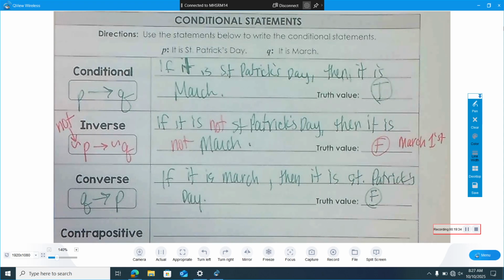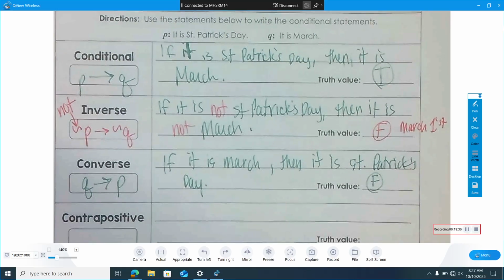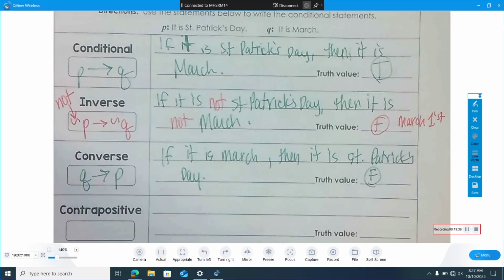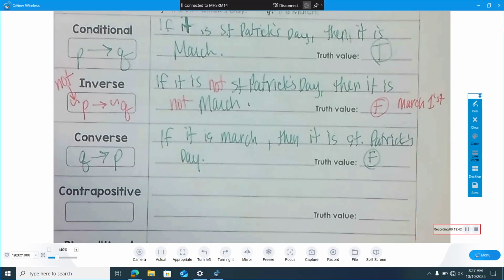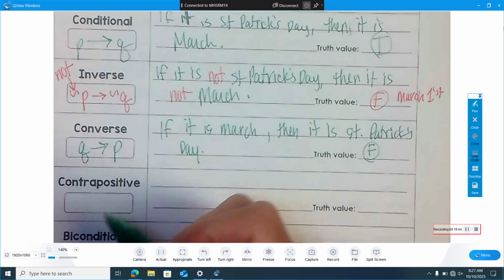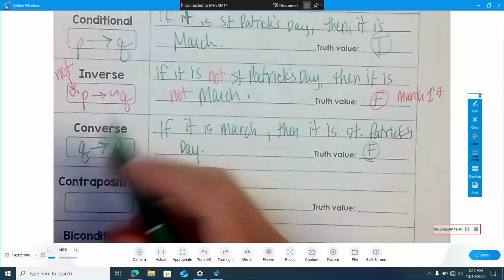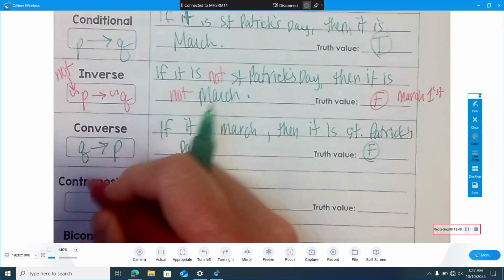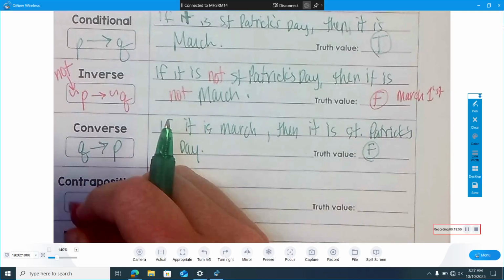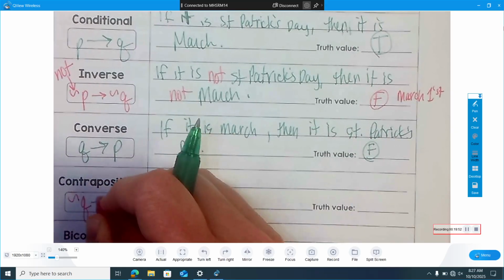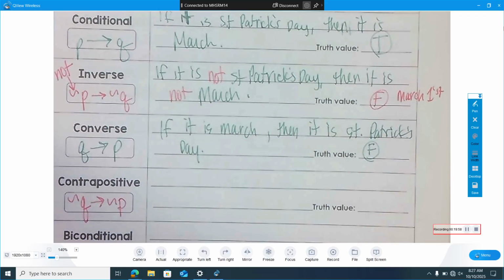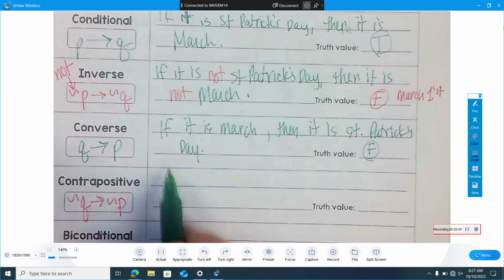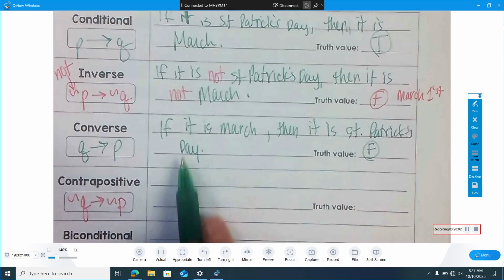All right, and then the contrapositive. What do we do for the contrapositive? Not Q and not P. Yeah, we take the converse and insert nots into that. You negate and switch the conditional statement. So not Q implies not P. So I'm just going to take my converse and then insert some nots.